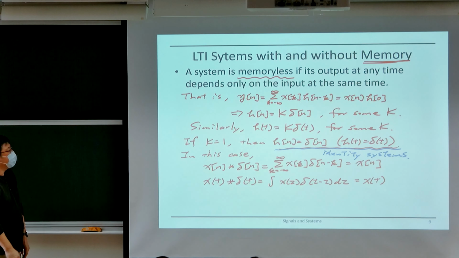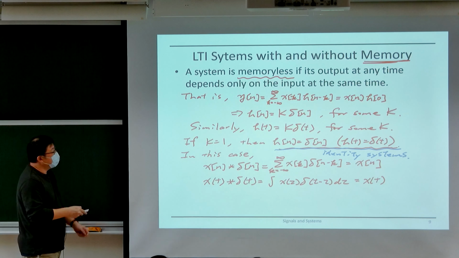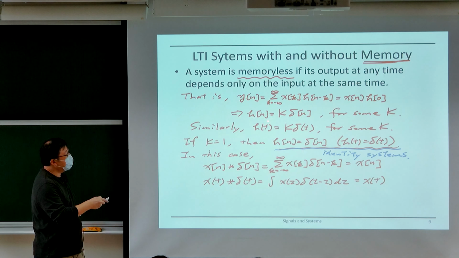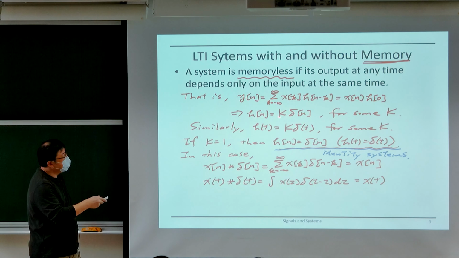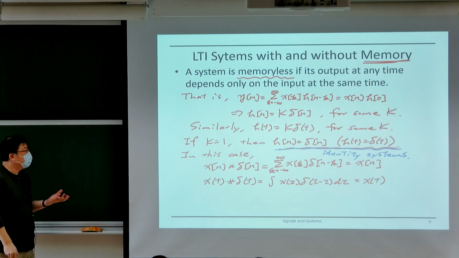Last time we mentioned that if a system is memoryless, which means that its output can only depend on its input at the same time, this implies that the unit impulse response should be non-zero only at time 0, which means that the impulse response should be equal to a delta function, a unit impulse, up to some scale k.